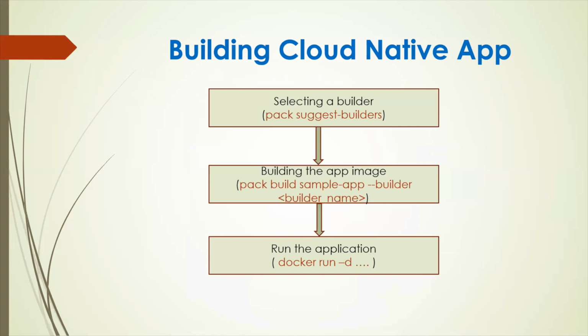So how do we go about building a cloud native application using Buildpacks? First of all, we have to select the builder that we are going to use. The builder depends on the kind of application environment we are going to use to create that application. Then we use the pack build command to build the final image, and then we run that image.